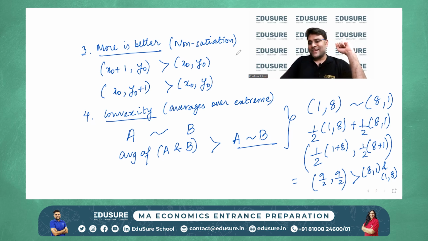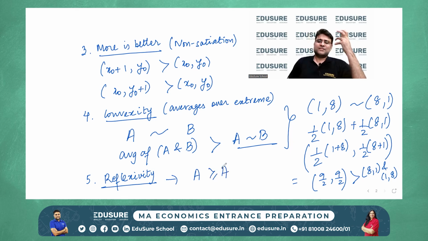There is one more property which was actually put in by a mathematician. The mathematician said that for the sake of completeness, it should also satisfy the property of reflexivity, which basically means that any bundle A cannot be inferior to itself, which is extremely commonsensical. It is more of a mathematical property rather than a logical one.